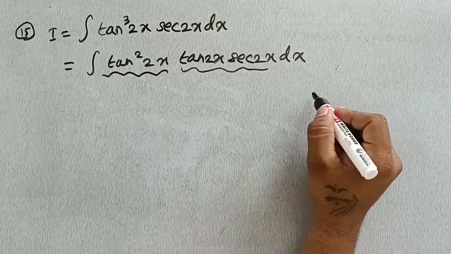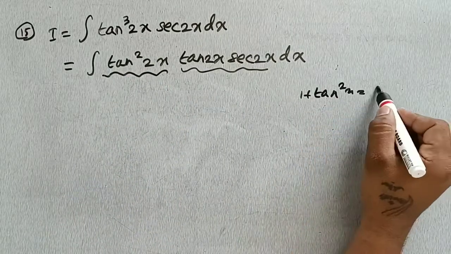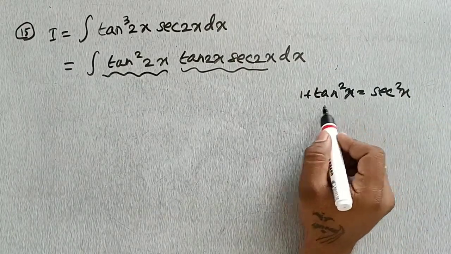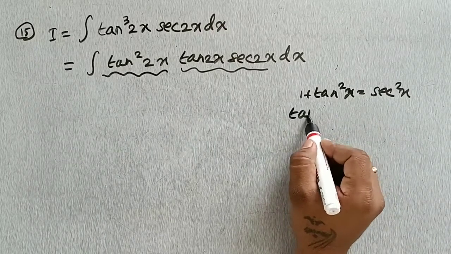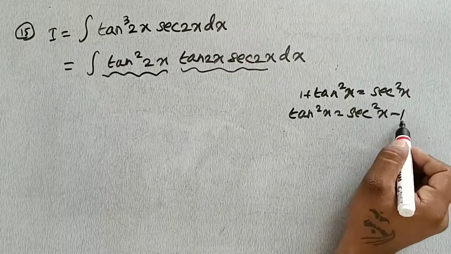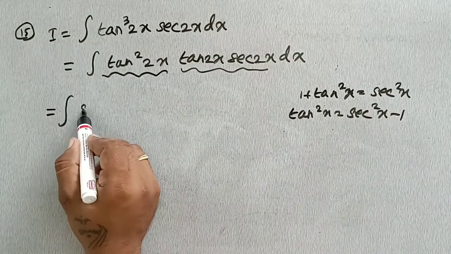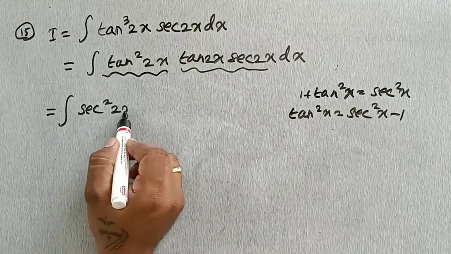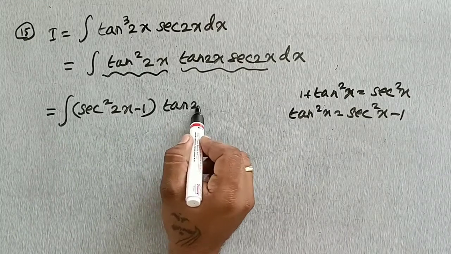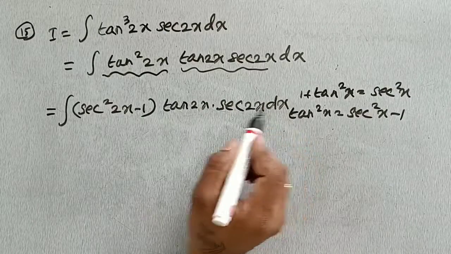I am going to use the identity 1 plus tan square x equals secant square x. So from this, what is the value of tan square x? Tan square x equals secant square x minus 1, but I have tan square 2x. So tan square 2x can be written as secant square 2x minus 1, into the remaining tan 2x into secant 2x into dx.